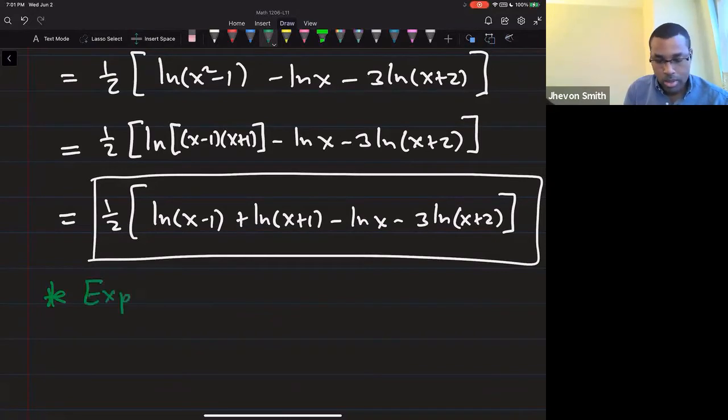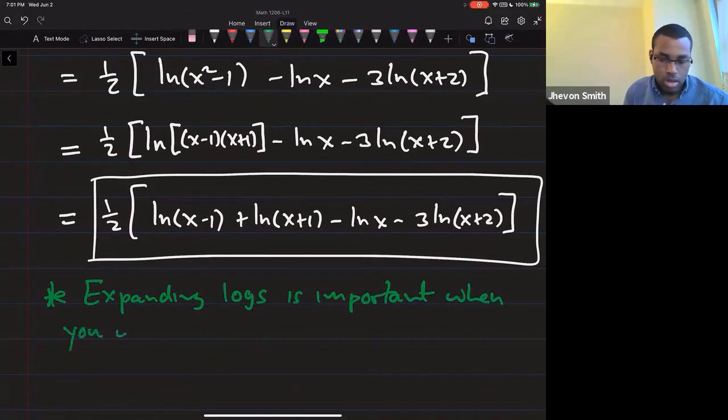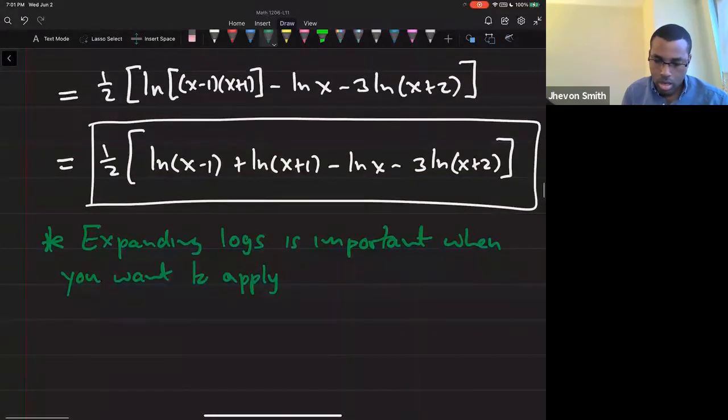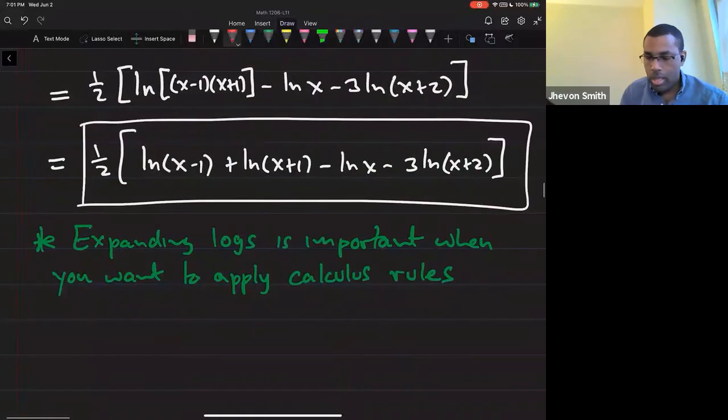Expanding logarithms. This doesn't apply to algebra, really.